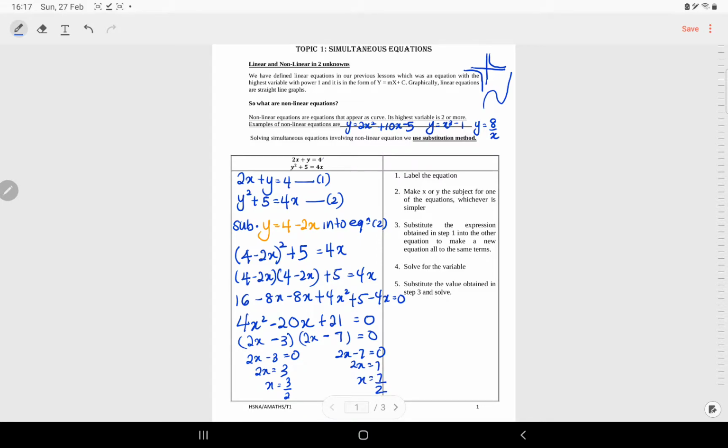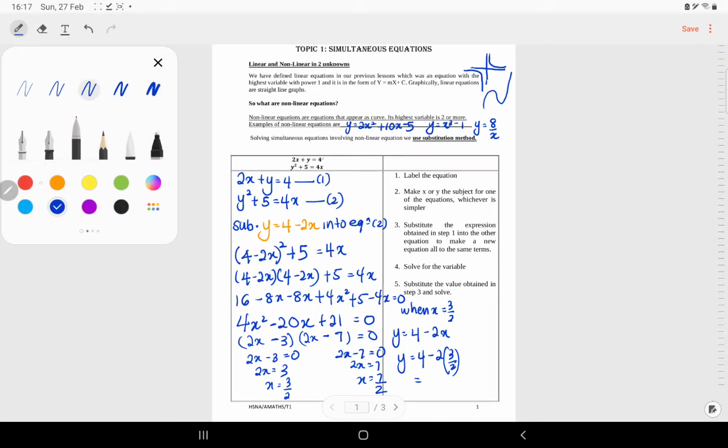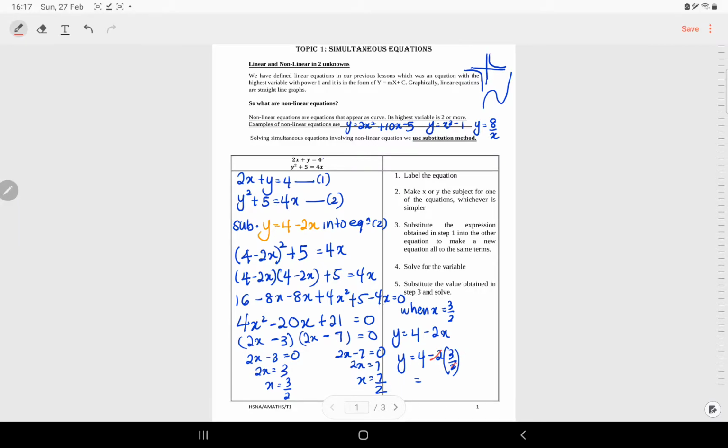So these are my answers for x values, but we're not done yet. Once we have x values, we need to find the y values. When x equals 3 over 2, your equation here just now, y equals 4 minus 2x. So if I substitute that in there, 2 and 2 cancel out.